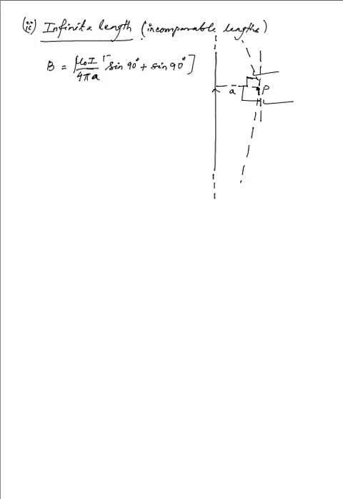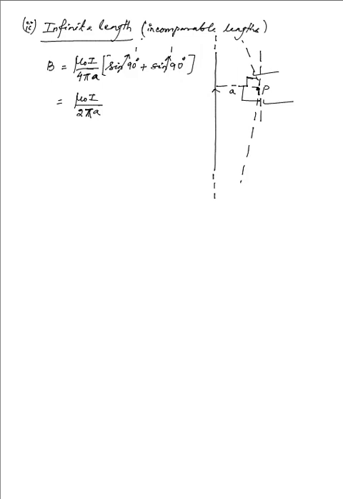So sine 90 is 1, 1 plus 1 is 2, and the 2 gets cancelled with the 4. So what we get is mu naught I divided by 2 pi A. The direction obviously is as I had discussed in the previous page. So this is the value of the magnetic field intensity for an infinite length.